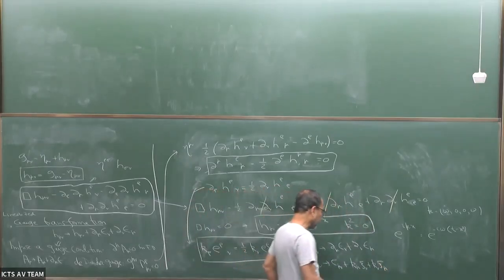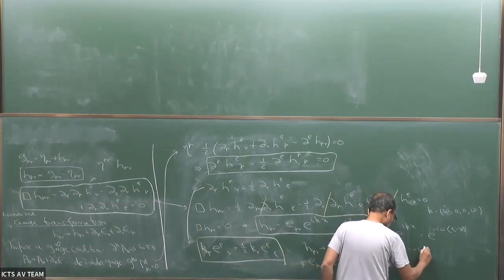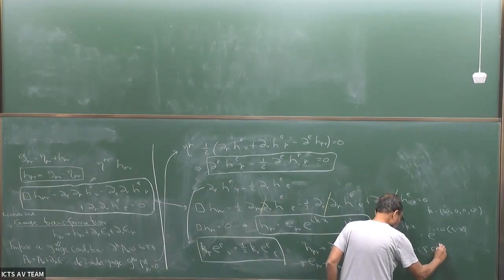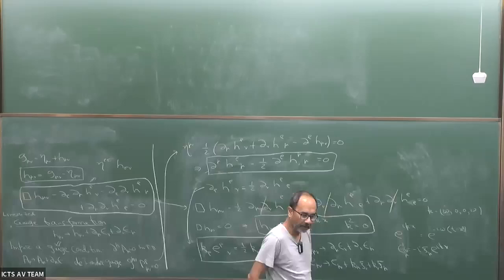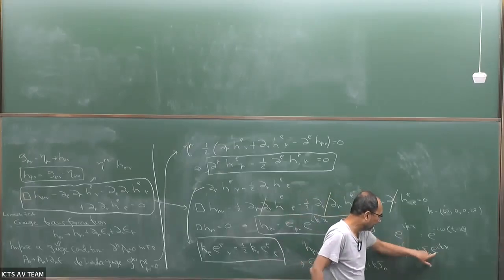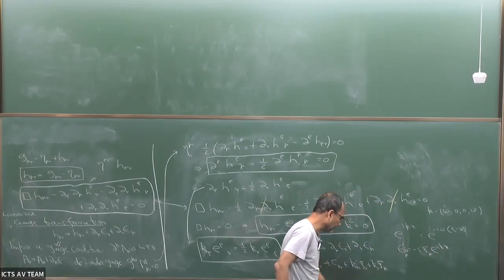Basically, I have taken epsilon as minus i times xi e to the i k dot x. So when you take the derivative of epsilon, you bring down i k nu, and that's why it has become k mu xi nu plus k nu xi mu.